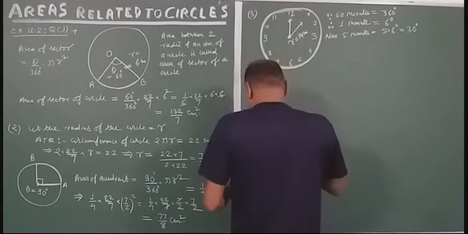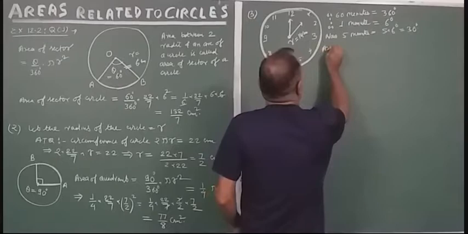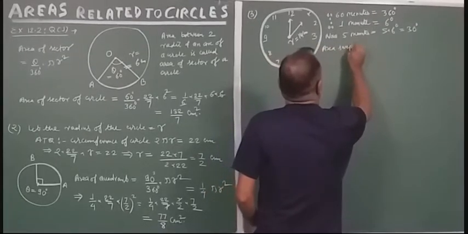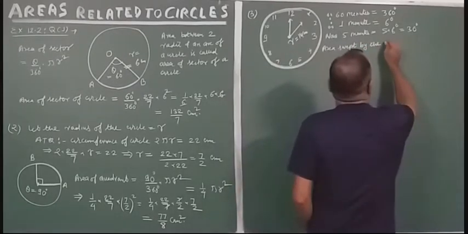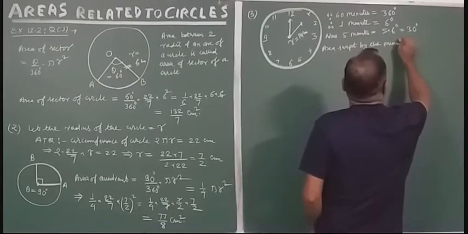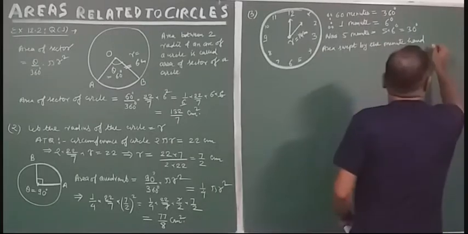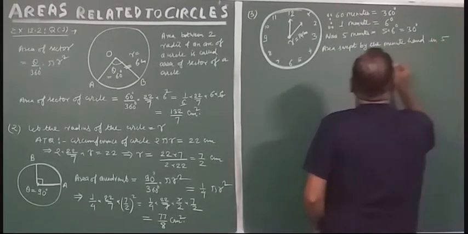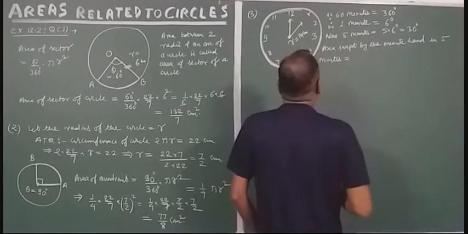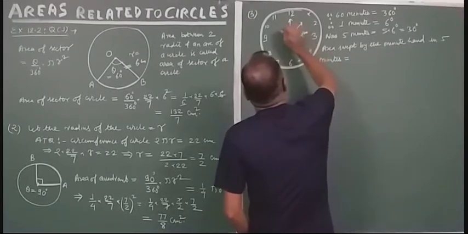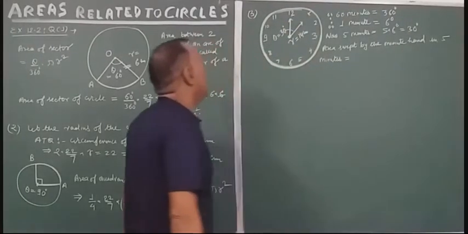Therefore, area swept by the minute hand in 5 minutes will be theta upon 360. So what is this angle? Theta is 30 degree.